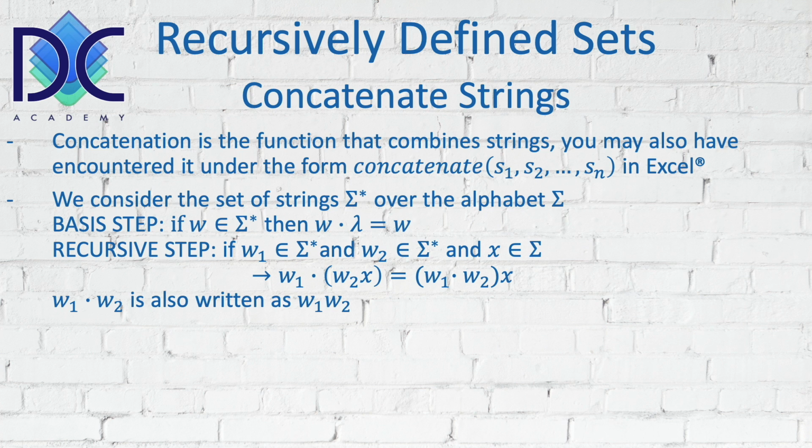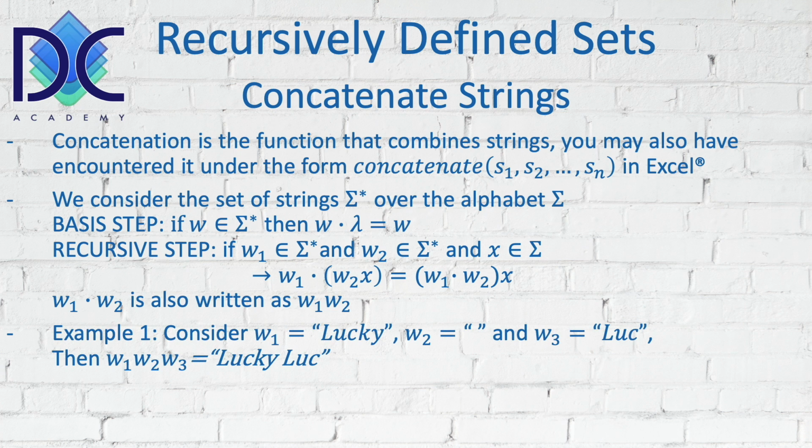And the recursive step: if w1 is an element of sigma star and w2 is an element of sigma star, and x is an element of the alphabet, then we can say that w1 times w2x is w1 times w2 times x. We can also write w1 times w2 as w1w2.